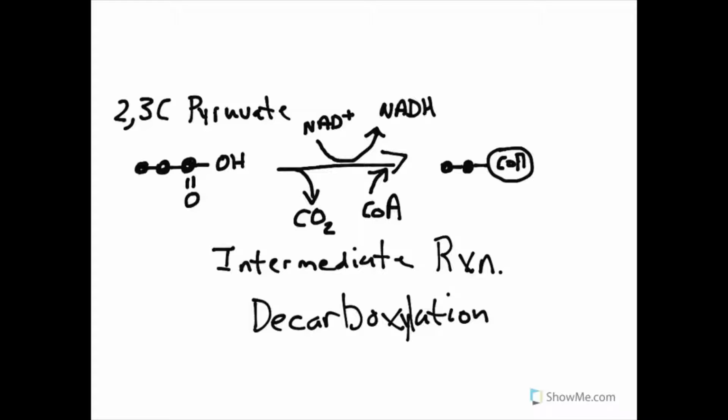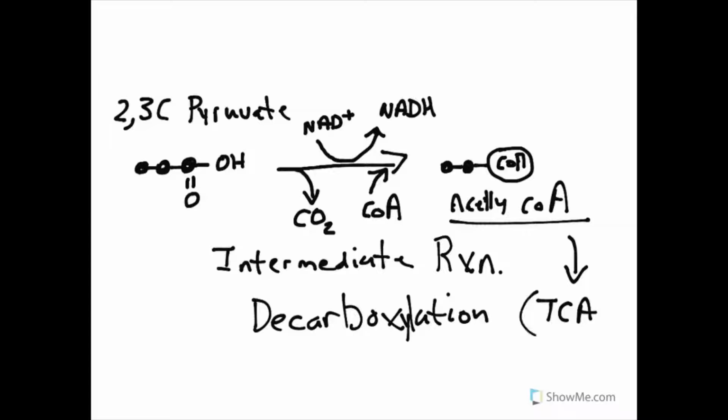So we have now made what is called acetyl coenzyme A, or acetyl-CoA. And this is the molecule that will enter the tricarboxylic acid cycle, citric acid cycle, whatever you want to call it. So that's what's going to go in.